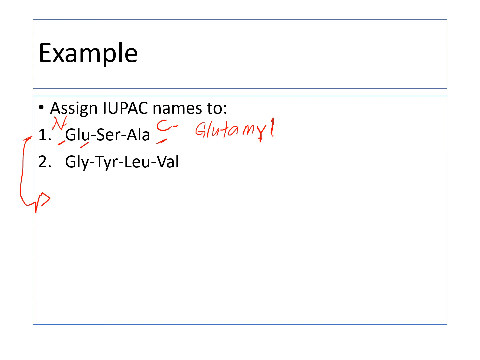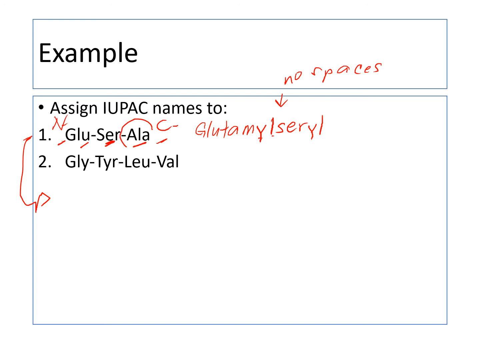Glutamyl. Next, for the second amino acid, we have serine. And if we put -yl there, we will have seryl. And again, there has to be no space at all between two terms. Right, so we're down to the last amino acid, which is alanine.